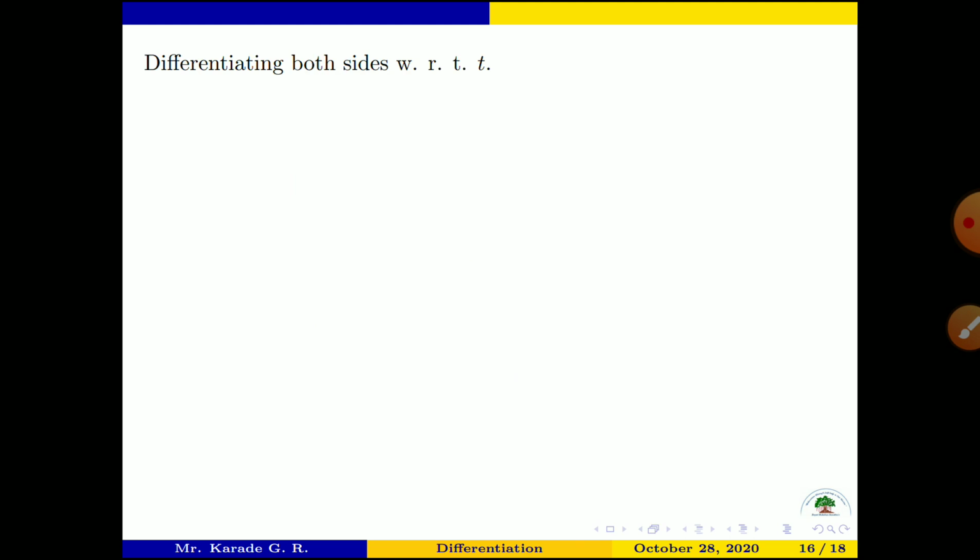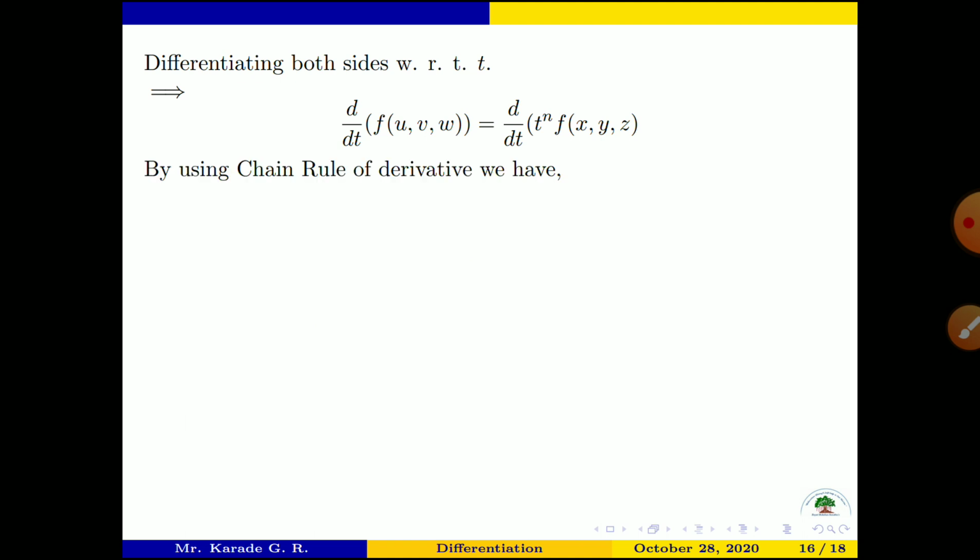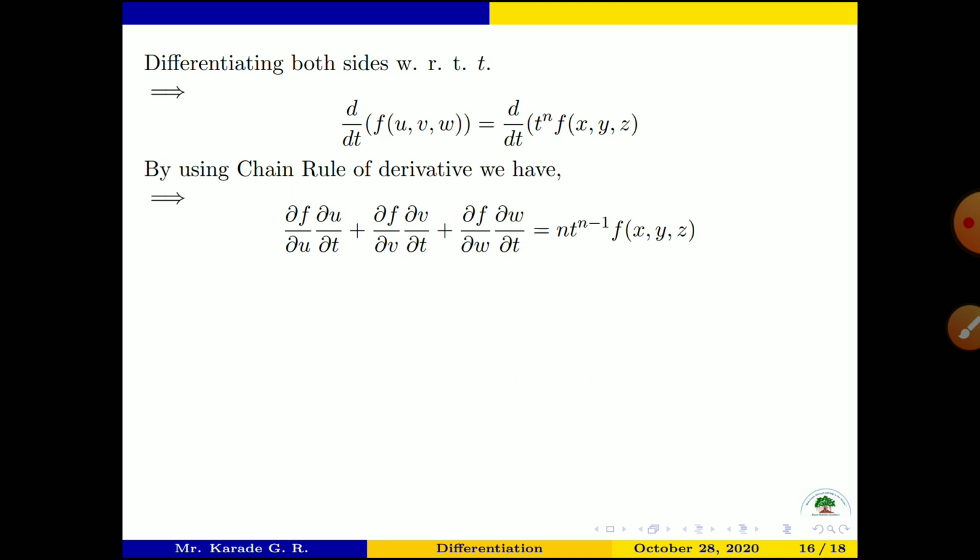Differentiate this equation with respect to t. For the left hand side we use the chain rule, because f is a function of u, v, w and u, v, w are functions of t.